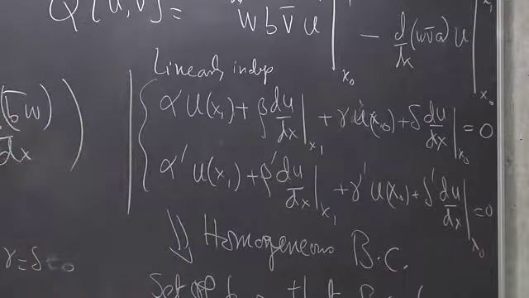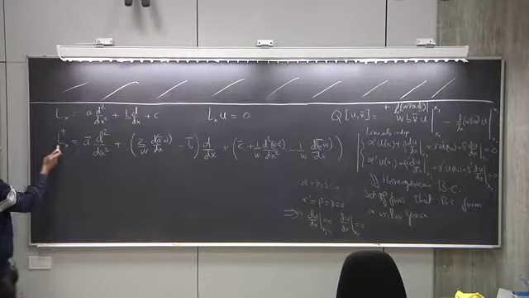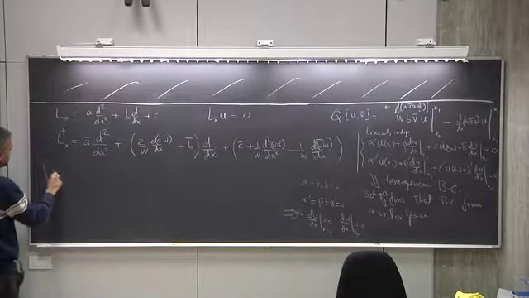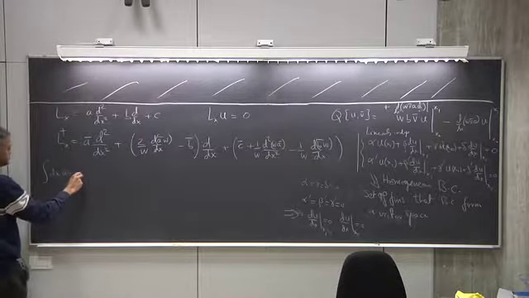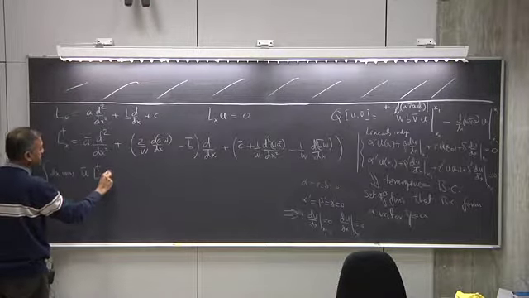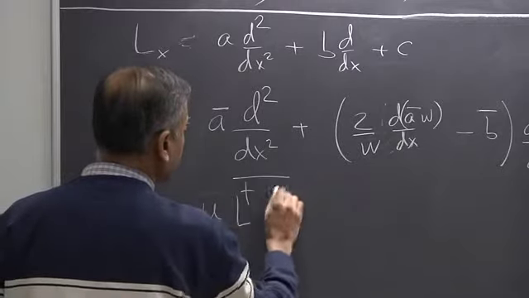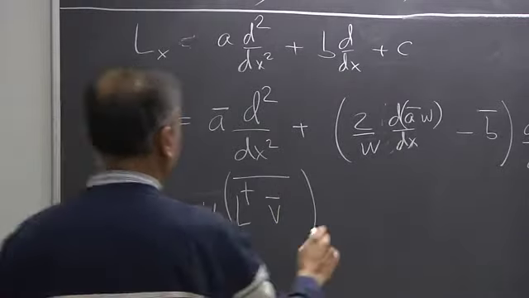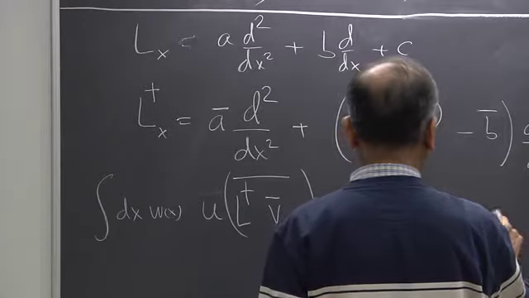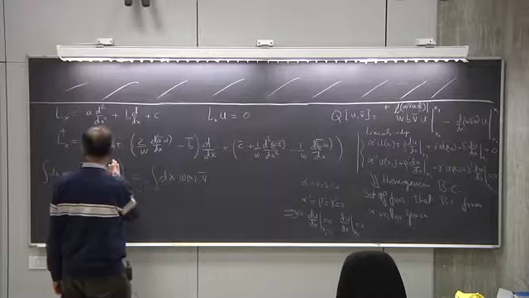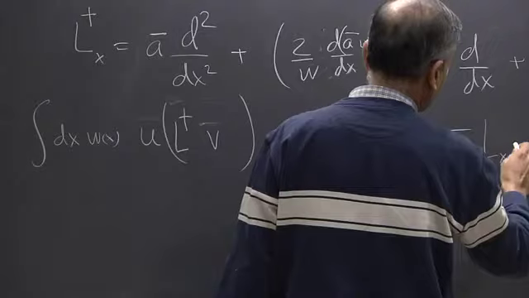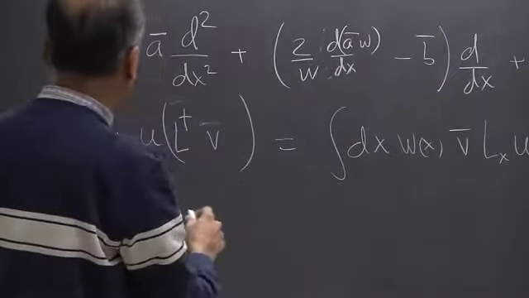You need to do that, otherwise this equation is not true, right? After all, you want to call this the adjoint of that. If that is the case, then this should be true: the integral dx, w(x), u, L dagger, or let me take the complex conjugate, v bar, should be equal to the integral dx, w(x), v, L x u.